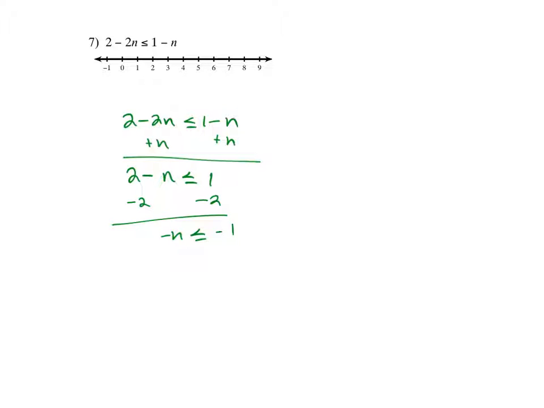Or multiply times negative 1 on both sides. It's the same. So n is greater than 1. As you can see, again, I'm switching that sign because I'm multiplying or dividing by a negative number. So 1 right there. And it's just going to the right.